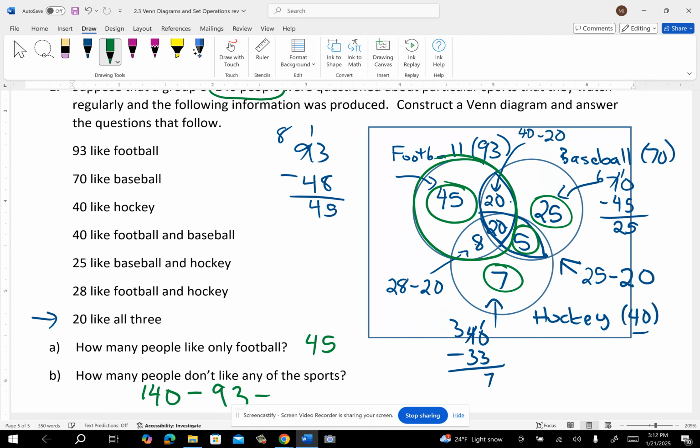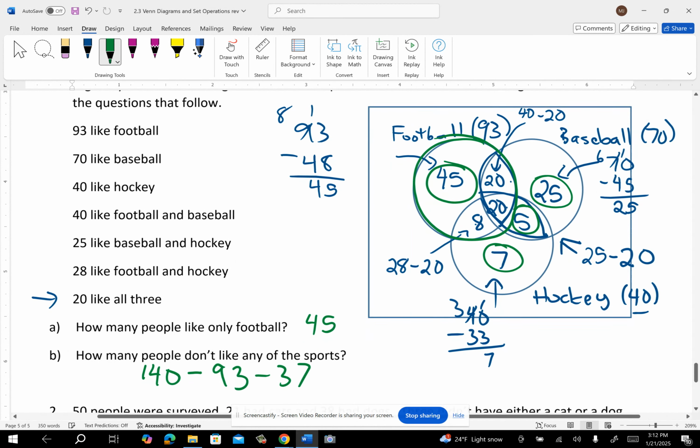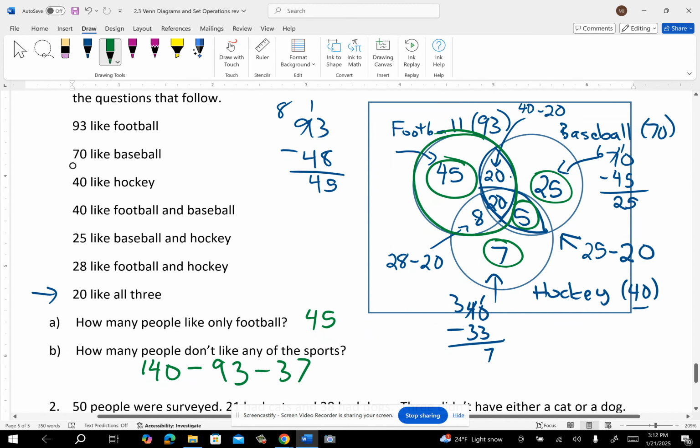So that would be another 37. Or I could have added the 93 and the 37 up and subtracted it. 140 minus 130 means there's 10 people left out here. Those are the 10 people who don't like any of the sports.